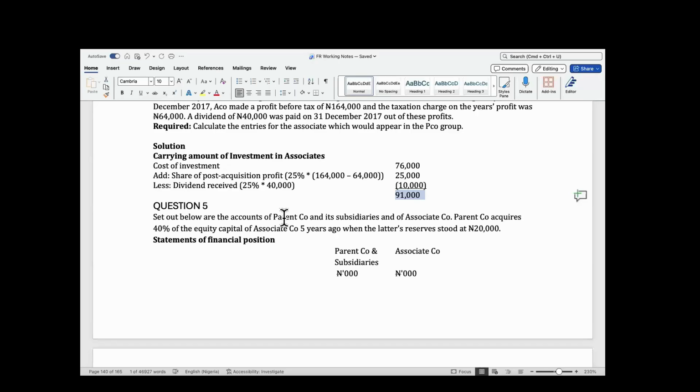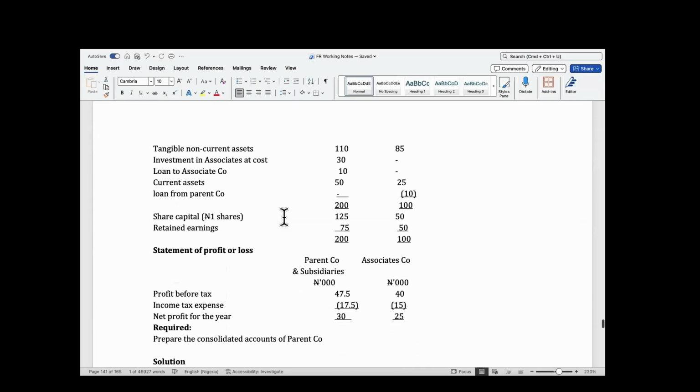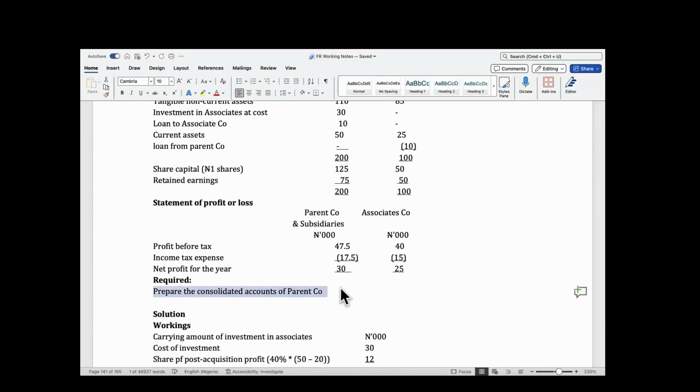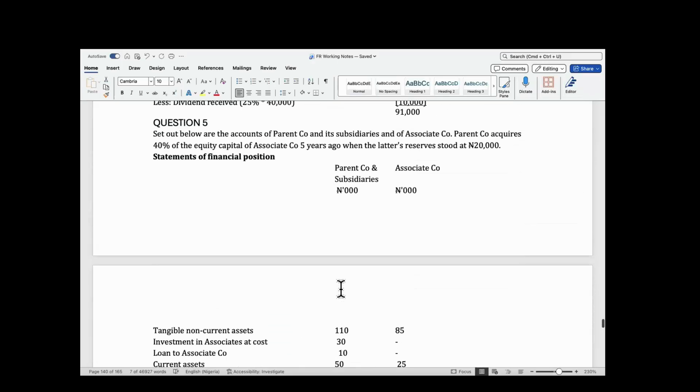We're given the statement of financial position and also statement of profit or loss, and we're asked to prepare consolidated accounts of the parent. So this parent has subsidiaries already, and now he has associates. And he has 40% of the associates. And he bought the associate 5 years ago, when the reserve of the associate was just 20,000.